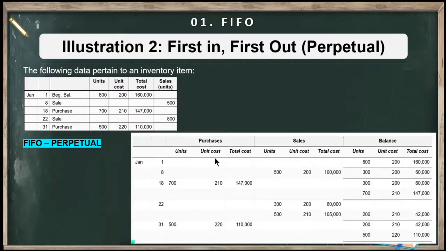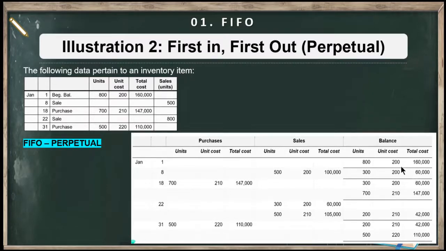Next, we have the units purchased. That's 700 times 210, which is 147,000. If you observe in this column, we can still see the balance from the beginning balance, which is 300.